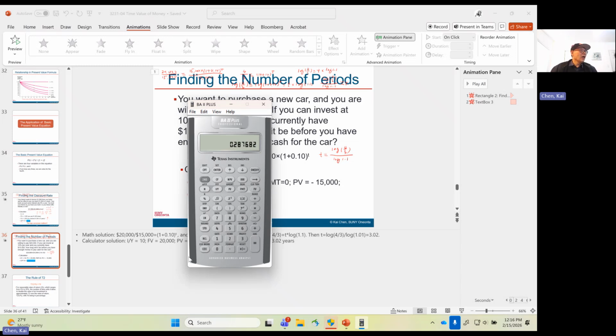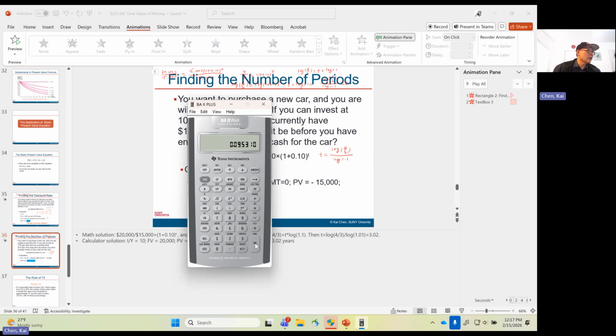And then divided by log 1.1. I'm not very sure, so to be safe, I'm going to calculate log 1.1 in this way. I'm going to put log 1.1 into a parenthesis. So in this parenthesis, I'm going to calculate log 1.1: 1.1, and then log, and then close the parenthesis.